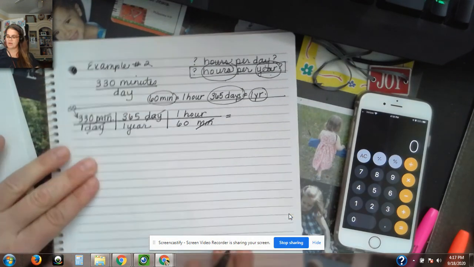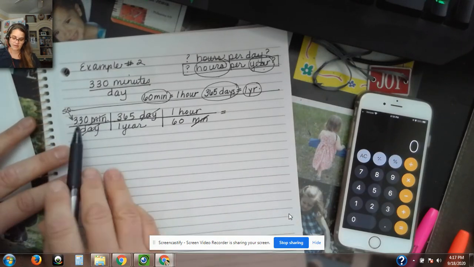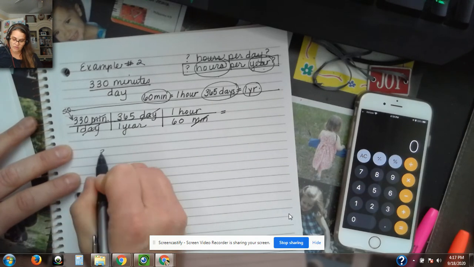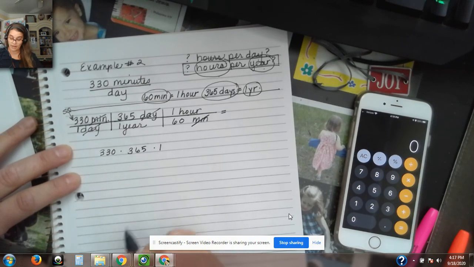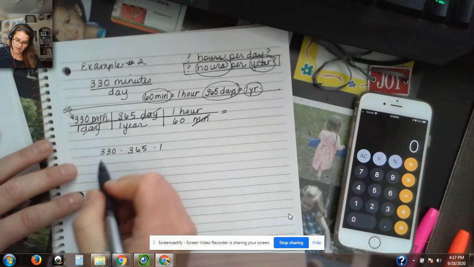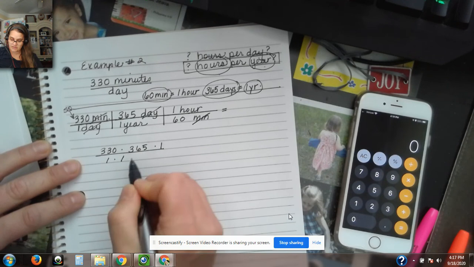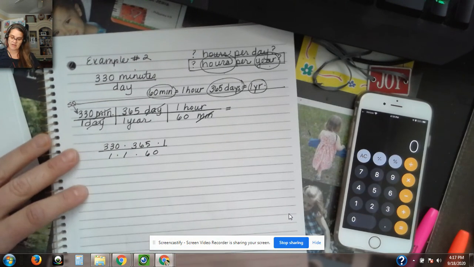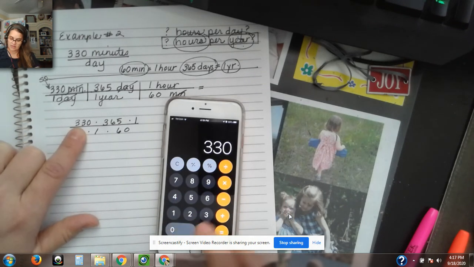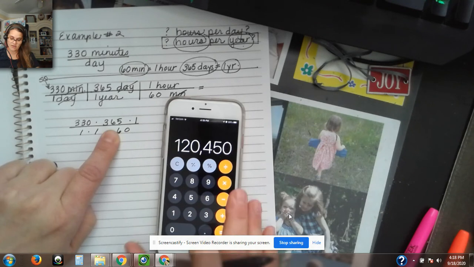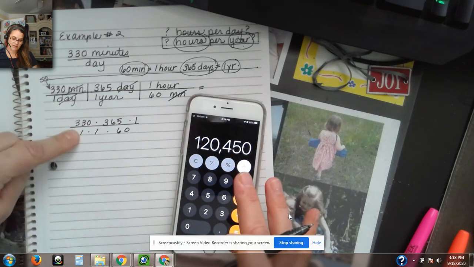All right, then I'm going to go ahead and multiply and divide this out. Now, what this is going to look like in the calculator is really 330 times 365 times 1, which you don't really have to put in there. And then it's really divided by 1, divided by 1, divided by 60. So I'm going to do that in my calculator now. 330 times 365 times 1 divided by, well, I don't really need to divide by 1.